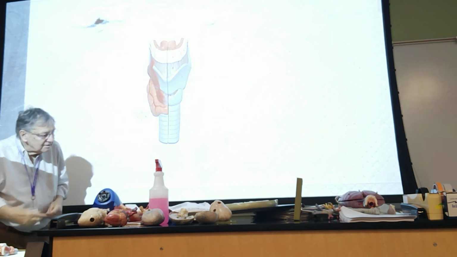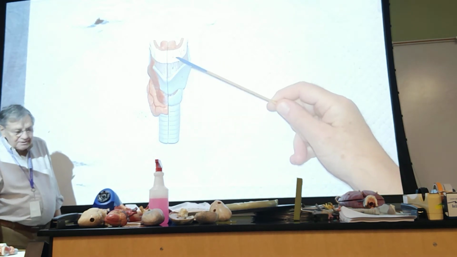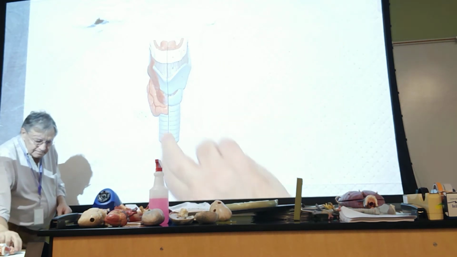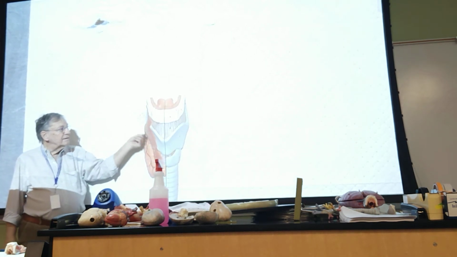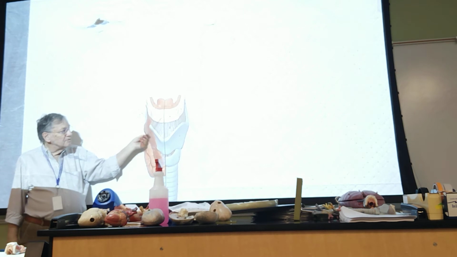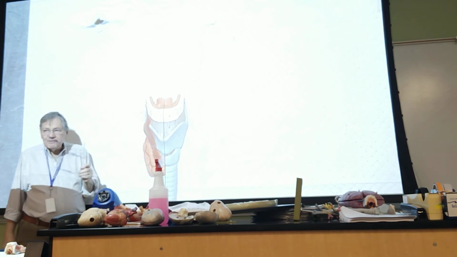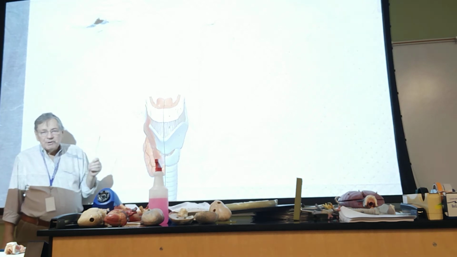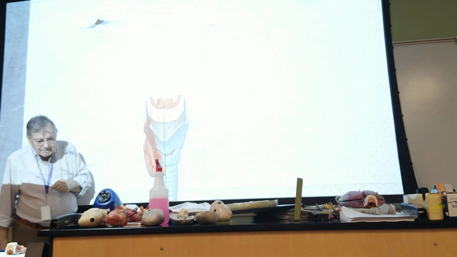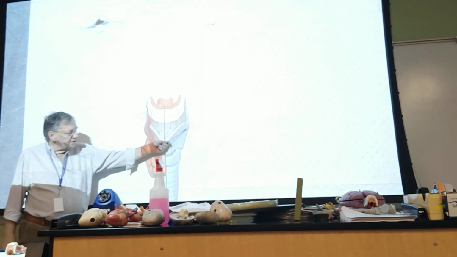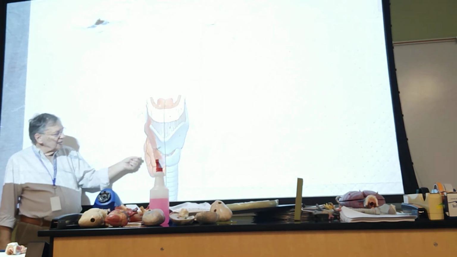Okay, first thing is hyoid bone. Hyoid bone, right there. Okay, then there are cartilages. Cartilages are blue. Okay, you have a large cartilage, the thyroid cartilage.